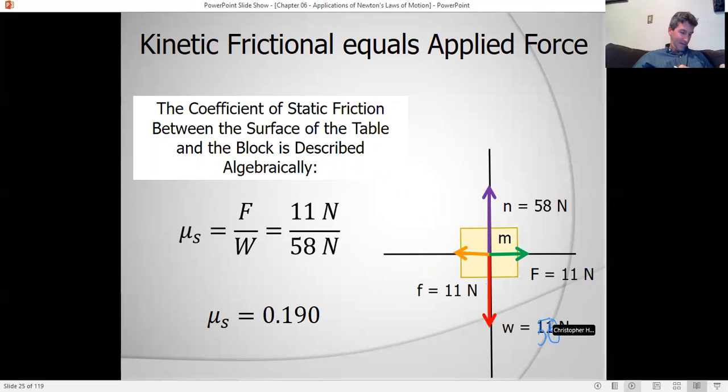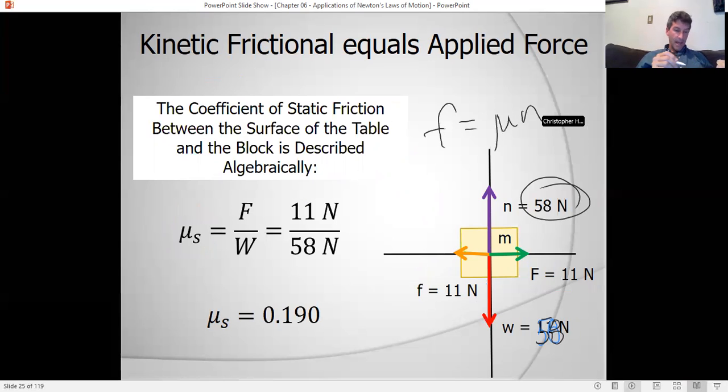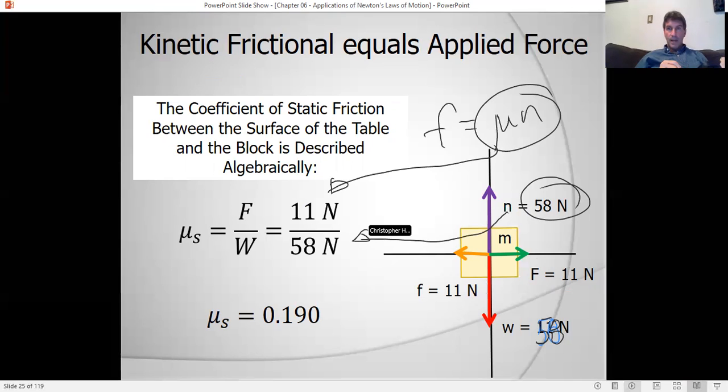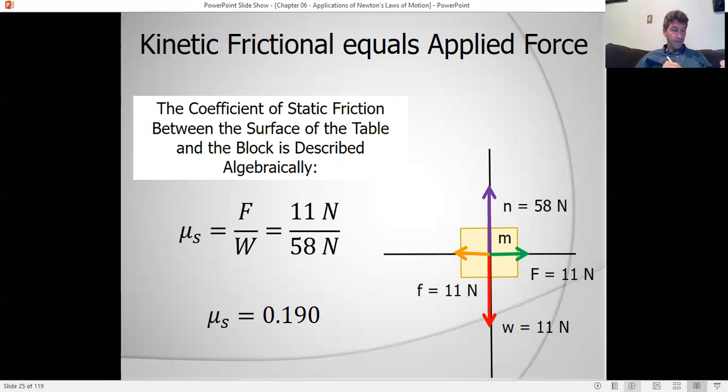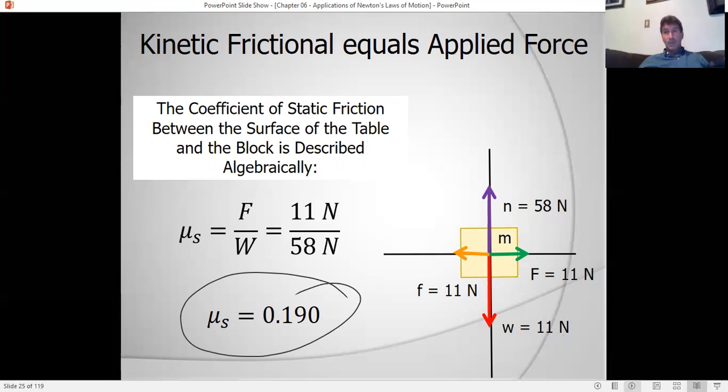That's a typo, that should say 58 newtons. That means my normal force is going to be 58 newtons. My friction is mu times N, so mu times N is that number right here. My normal force is my weight. And if it took me 11 newtons to get that block first moving, and the block weighed 58 newtons, that would give my coefficient of friction for that. Just balancing forces.